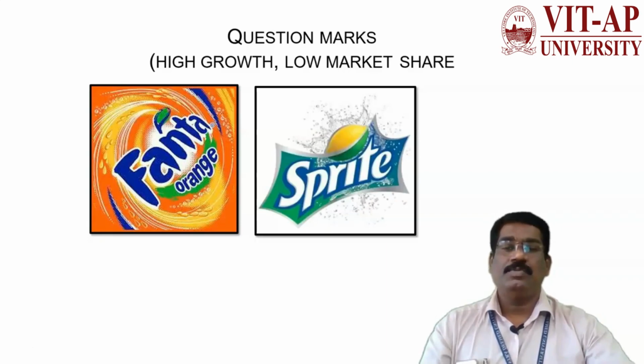These two products have high growth but low market share. So the company naturally has to invest more in advertising and promotion, and needs to use both push and pull strategy to have a faster offtake from the shelf. So they have to spend more on these two products.